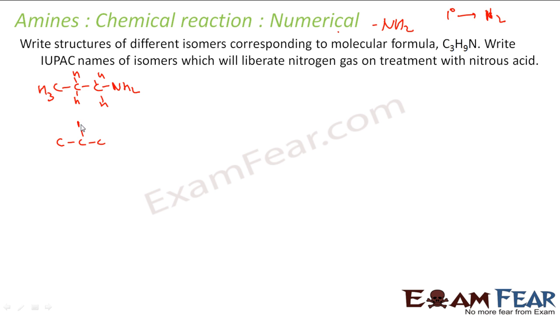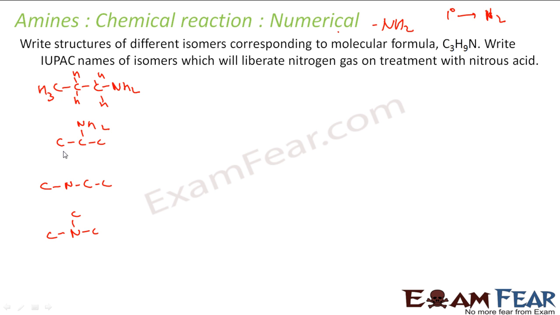This is another possible structure. Another is instead of having 2 hydrogens, I can have something like this. And another possible structure is this. There are 4 possible isomers of this compound, C3H9N.